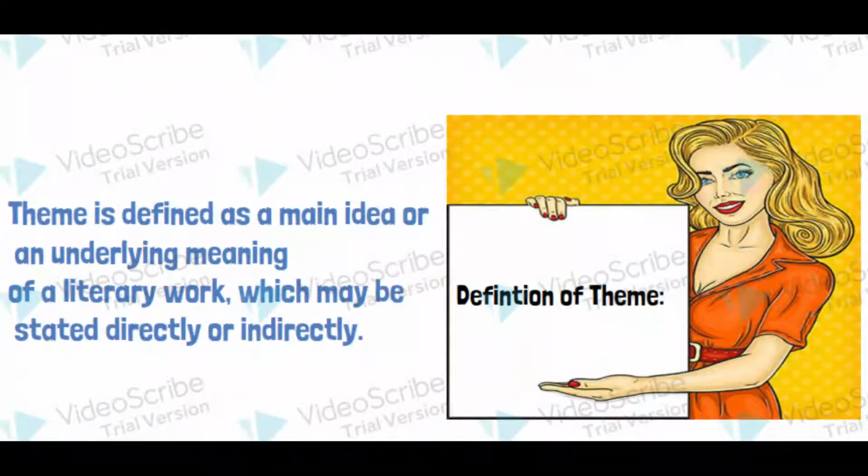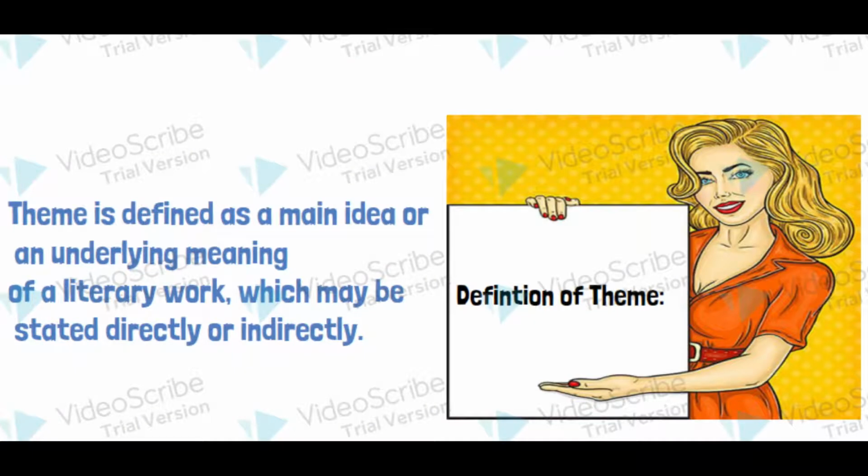So, theme is the main idea of a narrative or a story. Okay? So, it's the main concept that the story is discussing, like a story can have the theme of love, or the theme of friendship, for example, or morals, or relationships, or crime.